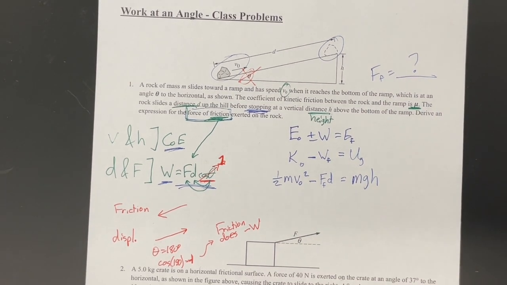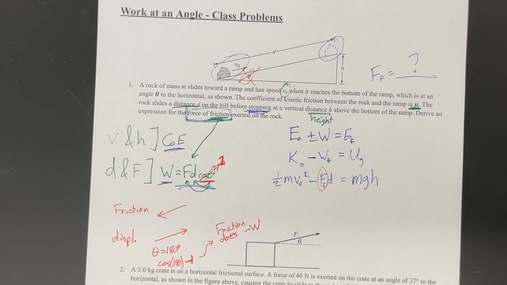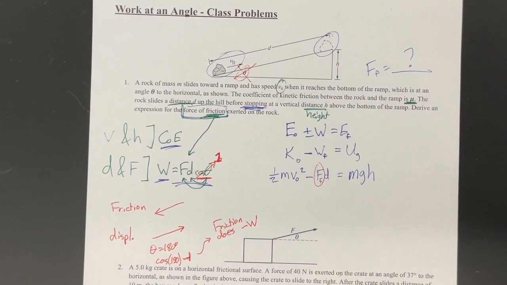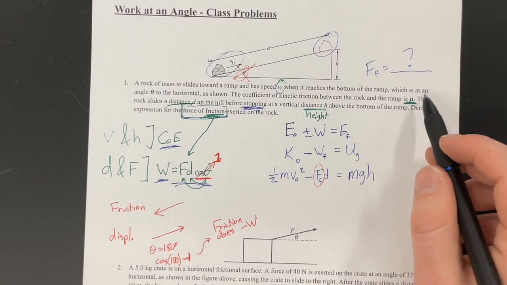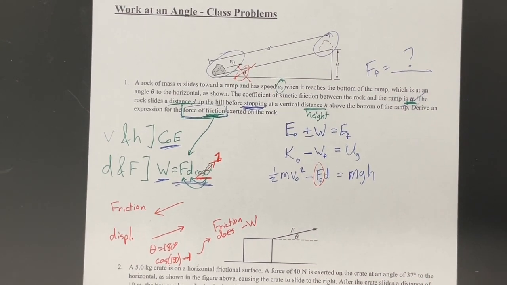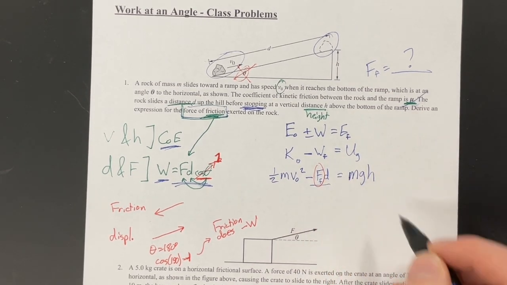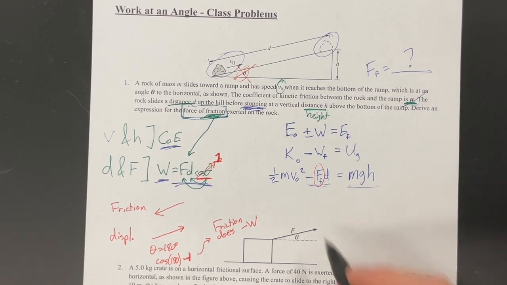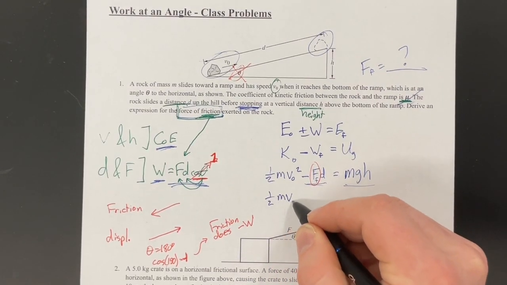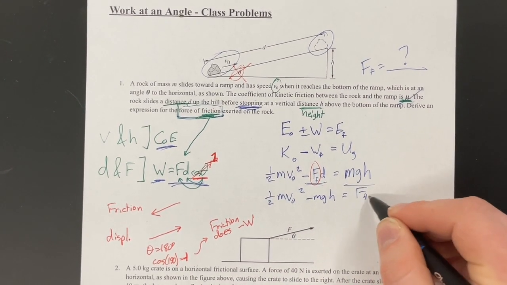When I see this force friction right here, I need to not substitute for it, I need to solve for it. Don't substitute for force friction, even though they give us mu. You could do mu Fn, but we don't need it. So I'm going to add force friction times d and subtract mgh on both sides, so 1/2 mv0 squared minus mgh equals force friction times displacement.